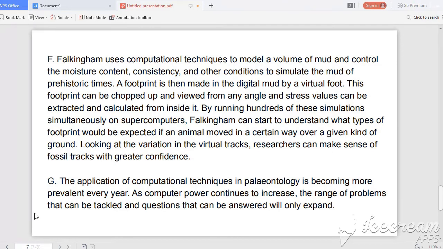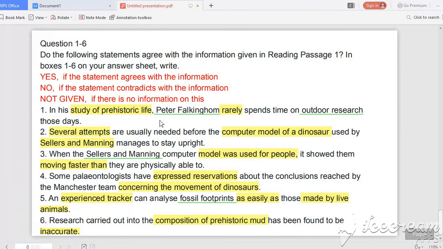But there's nowhere any mention of what the composition of the mud is. Okay, so I think the answer to this question must be not given. So for the first question, the answer is yes. The second question is yes, and the third question is false. The fourth question is not given. The fifth question is false, and the sixth question is not given.